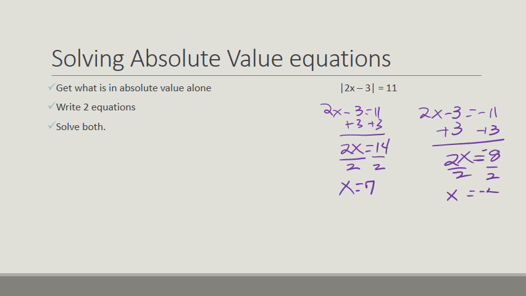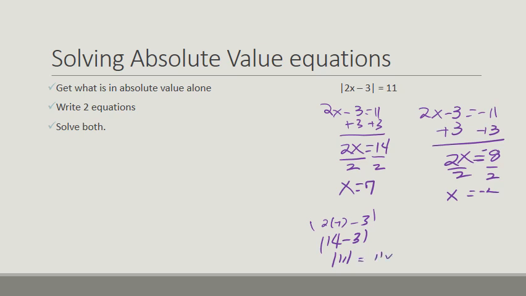Now, if you were to check both of these solutions, you would see that it works. So 2 times 7 minus 3 is 14 minus 3, the absolute value of that, and the absolute value of 11 is 11, so that checks.